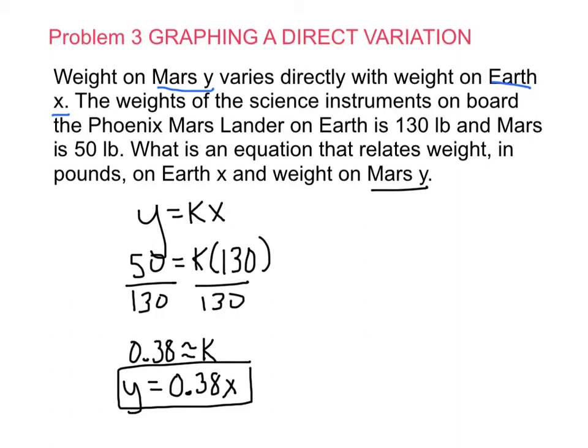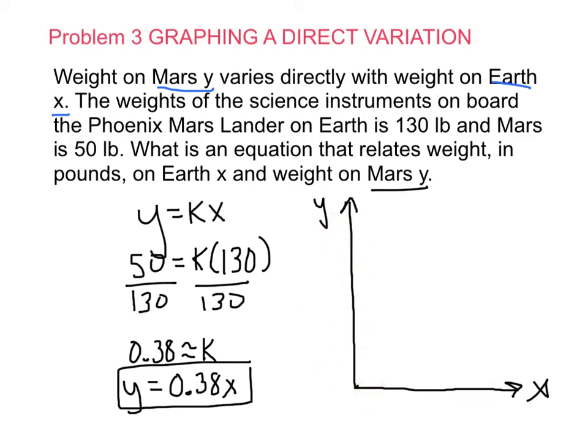So now we need to graph this. Here's what we need to think about. What does my x and y represent? Well, x down here represents the weight on Earth versus the weight on Mars.